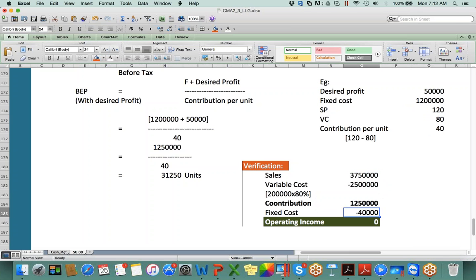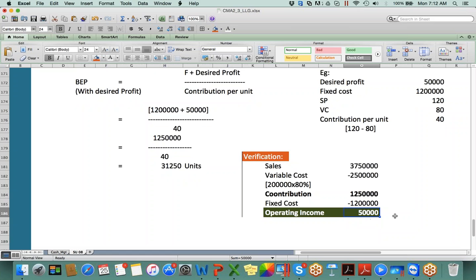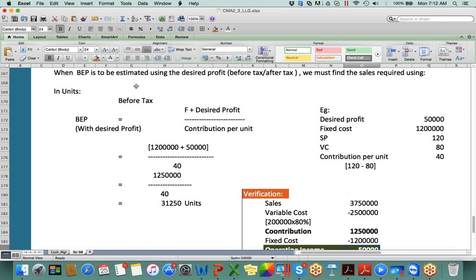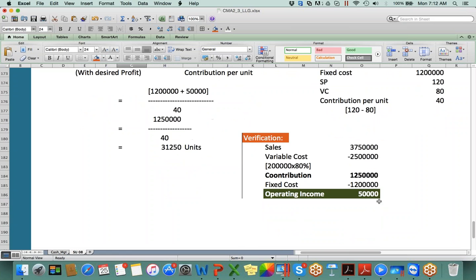Let's deduct your fixed cost, 1,200,000. Yes, we got an operating income of 50,000. Clear? So before tax income of 50,000.